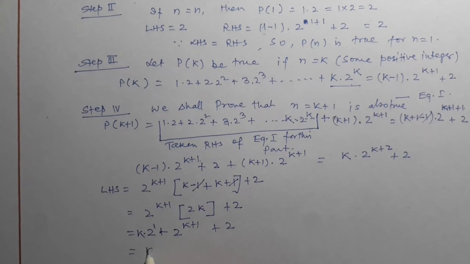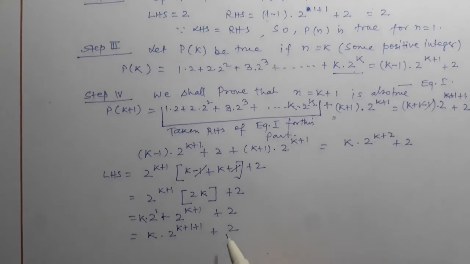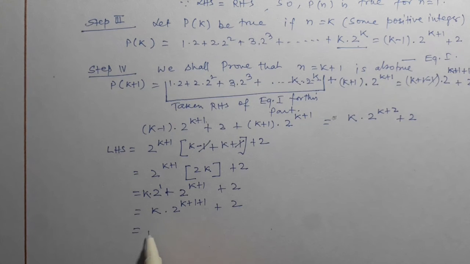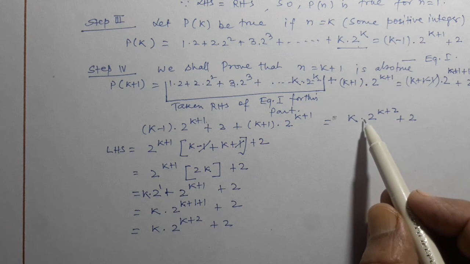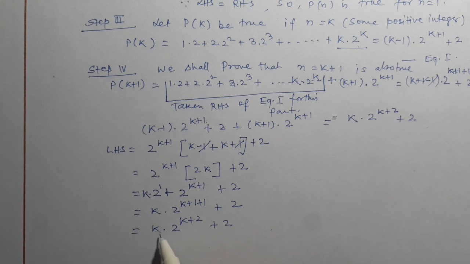So it will be k·2^(k+1+1) + 2, right? So it will be k·2^(k+2) + 2, and this is our RHS, k·2^(k+2) + 2.